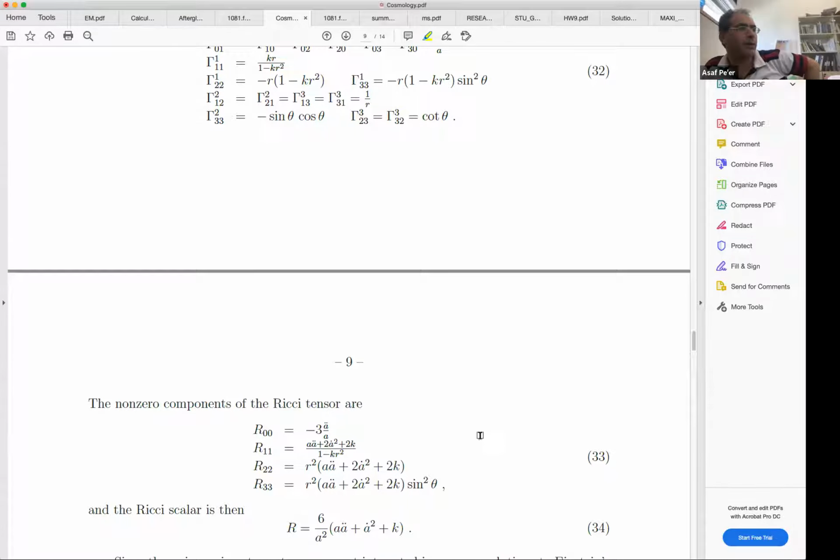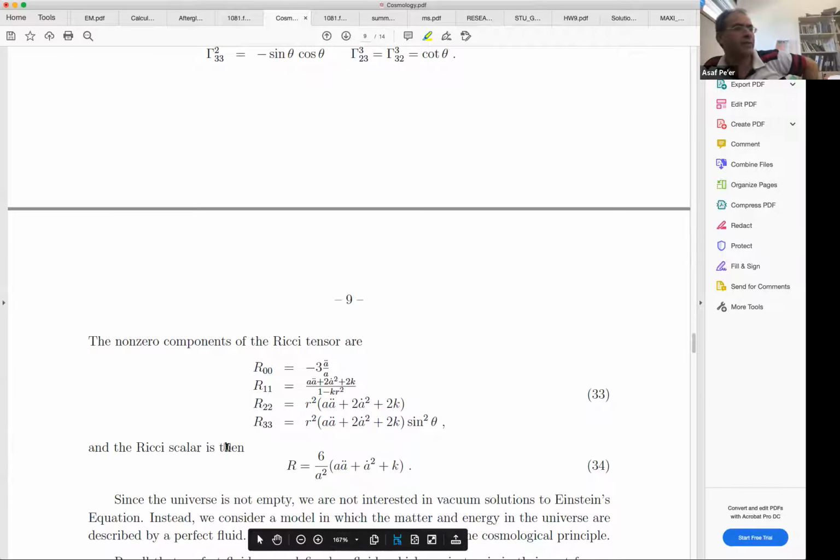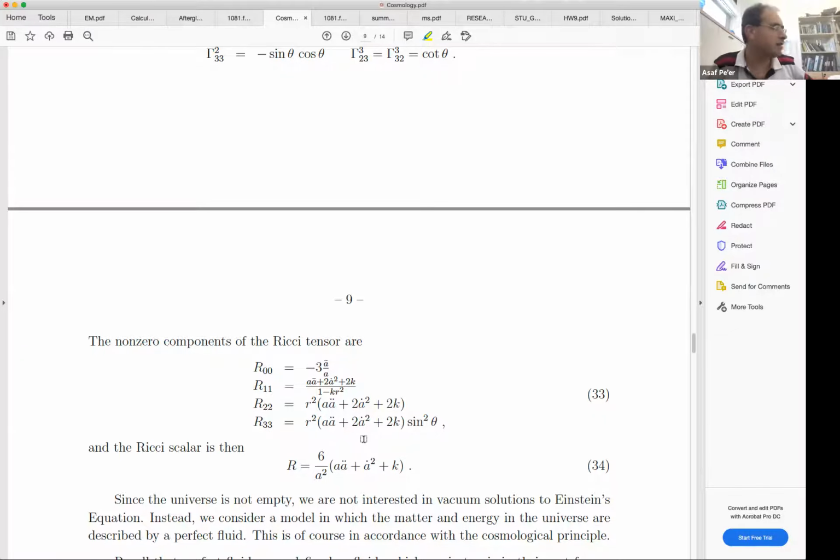And then, plugging all that in, it's pretty straightforward now to calculate the Ricci scalar, which is just 6 over a squared times a double dot plus a dot squared plus k. So that gives us everything we need on the left-hand side of Einstein's equation.